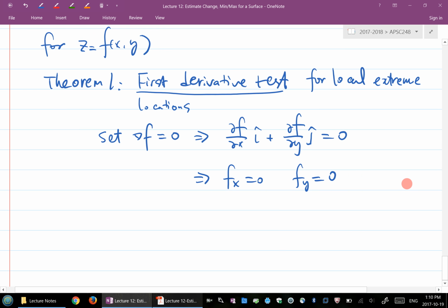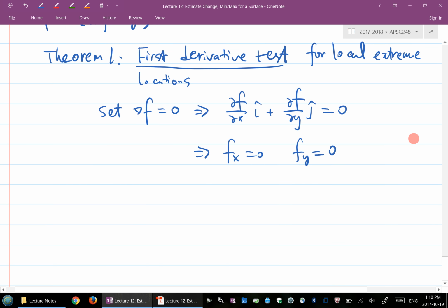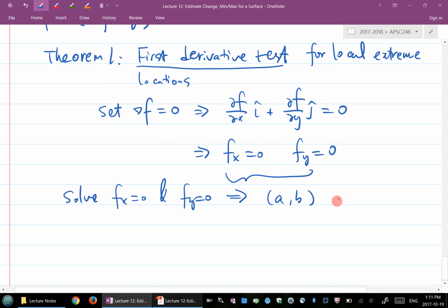So you have two variables x and y and two equations. Then you'll be able to solve this set of equations. So solving fx equals 0 and fy equals 0 gives us, let's say, a location (a, b) as a solution. There might be multiple solutions, but suppose this (a, b) is a solution.